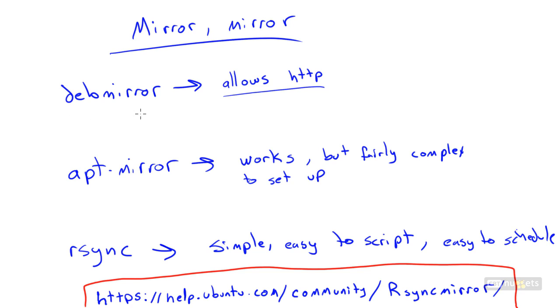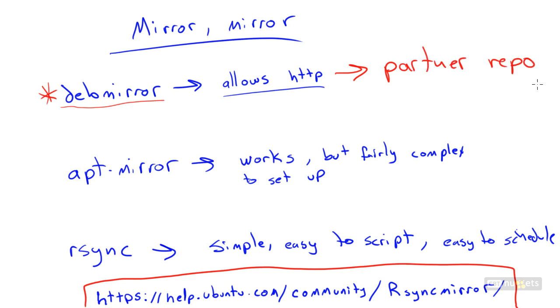So, debmirror. Debmirror is fairly simple, and it's designed to do just that. It mirrors Debian apt repositories. The thing that's really critical about this, and I do use this, is that it allows you to download things over HTTP, and this is really important with the partner repository.